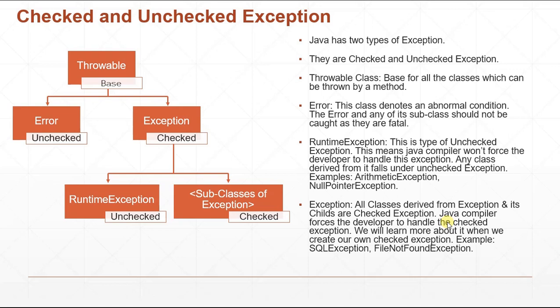In the coming video series, we will create our own exception that falls under the checked exception category. There we will learn about checked exceptions, how we can create our own exception, and you will get more insight into what throw and throws are. There are two different keywords in Java, throw and throws, and you will come to know all this in the coming video series.